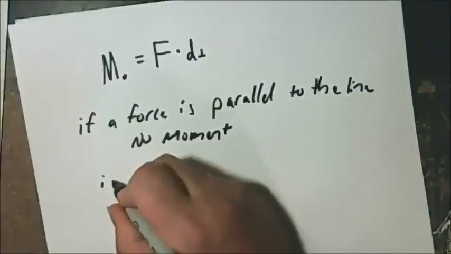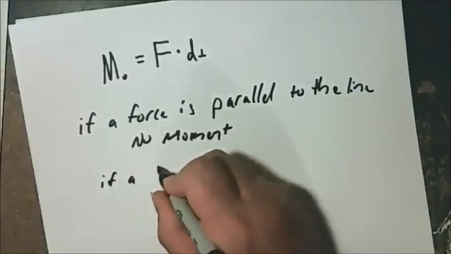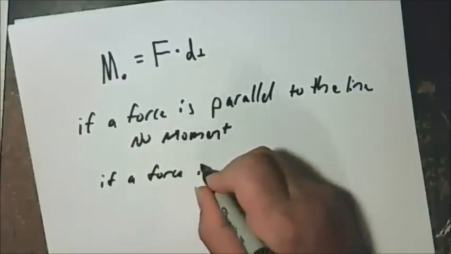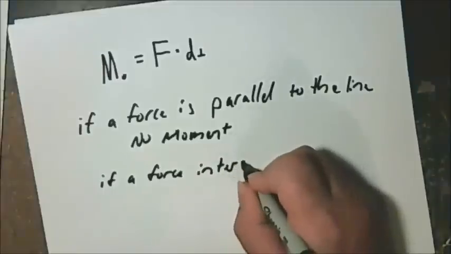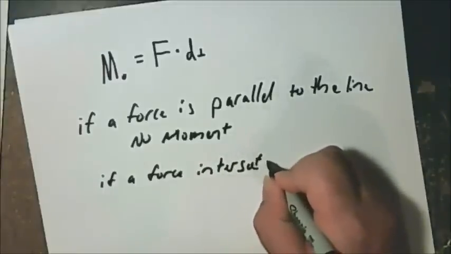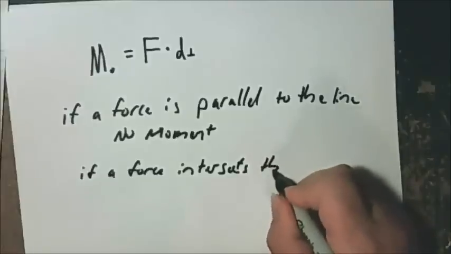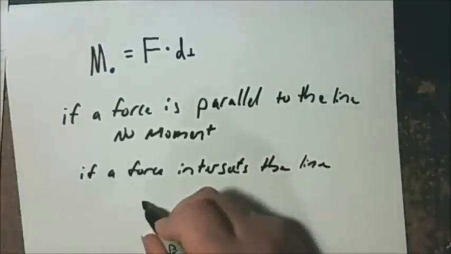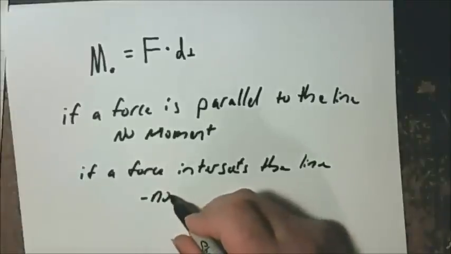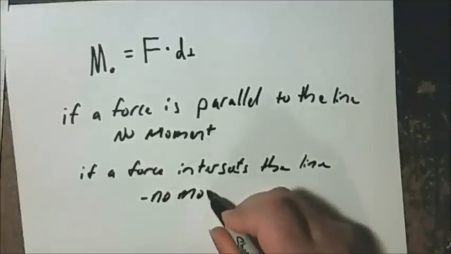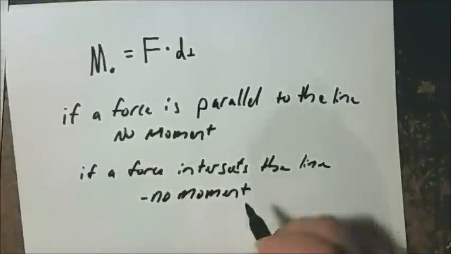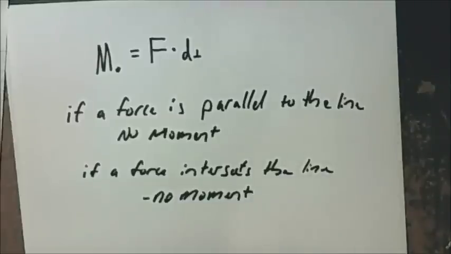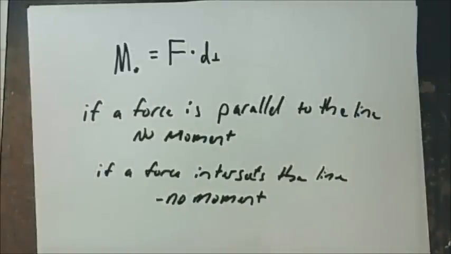Likewise, if a force intersects the line which we are taking the moment about, then it creates no moment about that line. Okay, and the first thing we want to do, of course, is to draw our free body diagram.